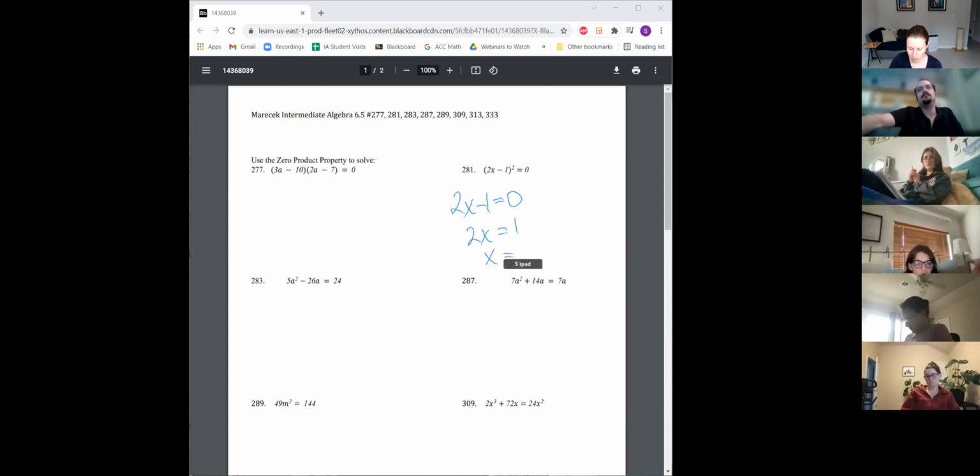Okay. Also, to get rid of the squared, what's the opposite of squaring? How could we get rid of that squared? Square root? Square root, yep. So square root would cancel it out, and square root of 0 is still 0. So you would square root both sides and you still get 0. Again, you can plug it back in, make sure it works, especially with a test coming up. I would definitely get in the habit of doing that.